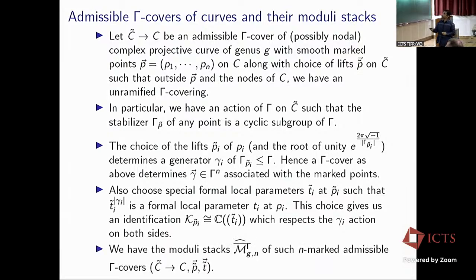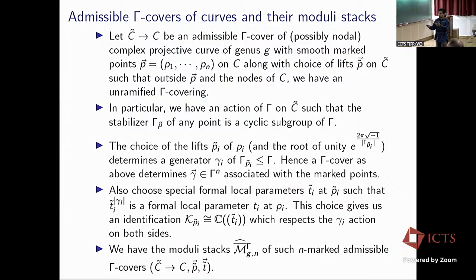Okay, and moreover, we can now take the moduli space of all such admissible curves. So we have the moduli stack where the data is some admissible covering, which has these marked points and these special formal parameters at the top curve. Actually, what really matters is just the derivative at 0 of this special parameter.